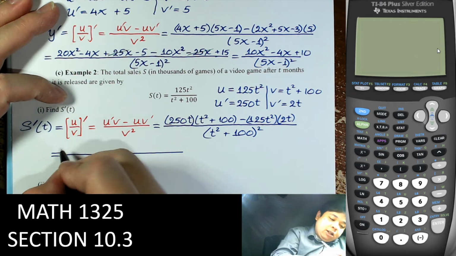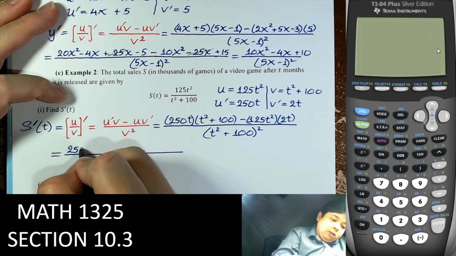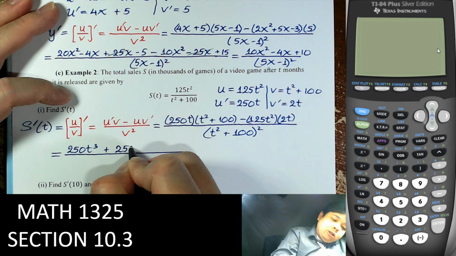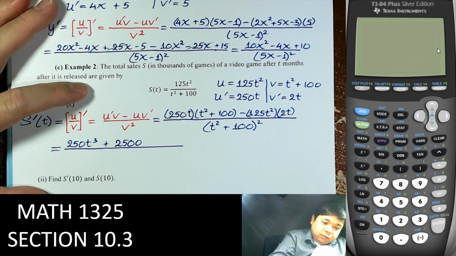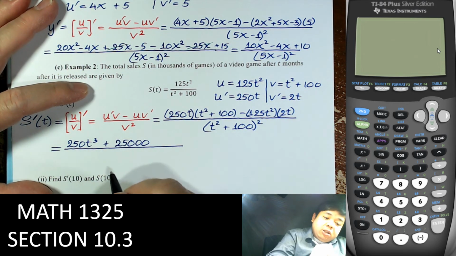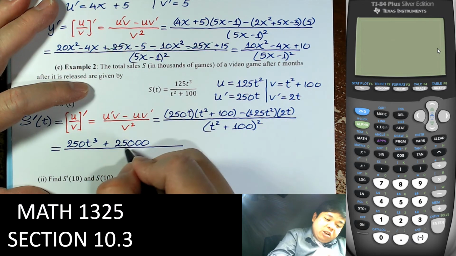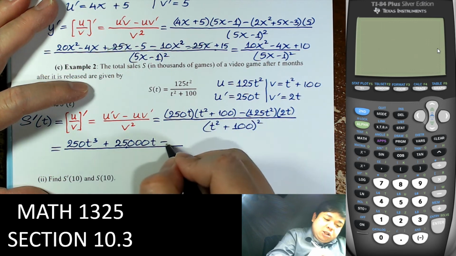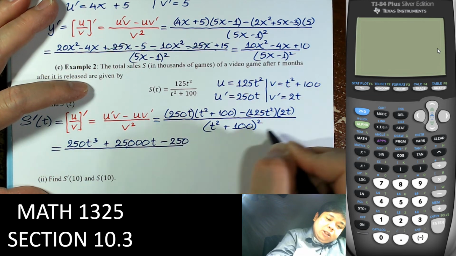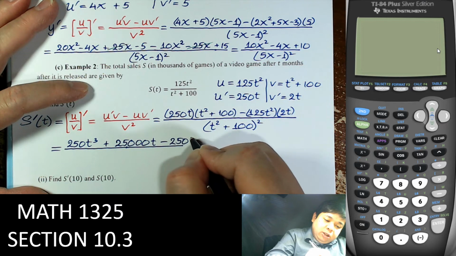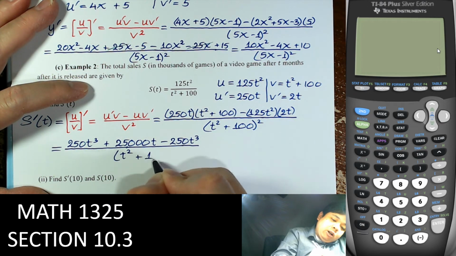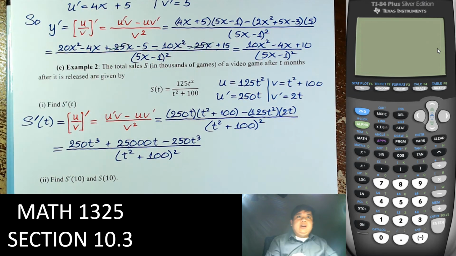So multiplying that gives us 250 t cubed plus 25,000 (there are 3 zeros) t, and then minus that 250 t cubed, over (t square plus 100) square, right?